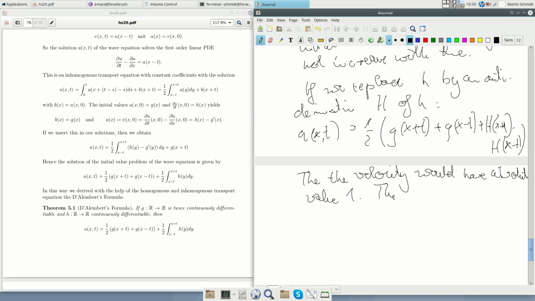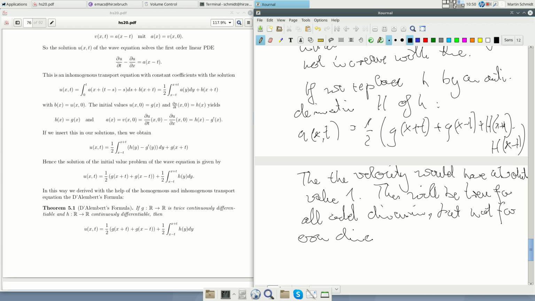This will be true for all odd dimensions, but not for even dimensions. It is very interesting that one has this different behavior in even and odd dimensions.